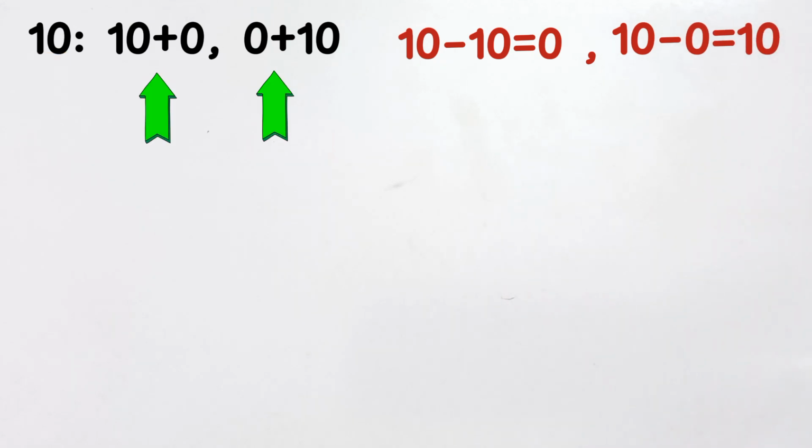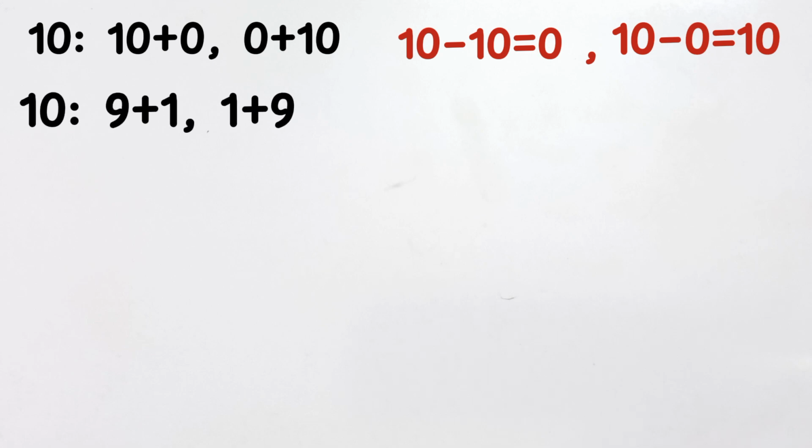Knowing that 10 and 0 are an addition pair, we also know that 10 minus 10 equals 0 and 10 minus 0 equals 10.